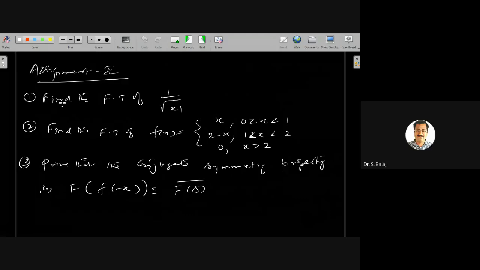If I see the first question, find the Fourier transform of 1 by square root of mod x. But instead of Fourier transform, generally you can also expect it like this: transform the function in the frequency domain. In that manner also you can transform the function 1 by root x in the frequency domain.